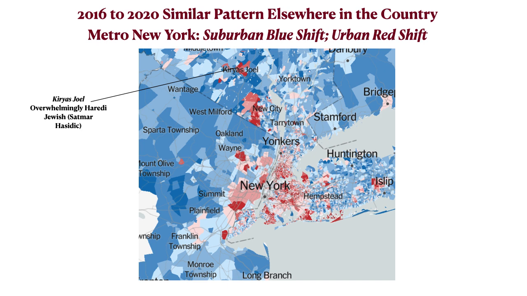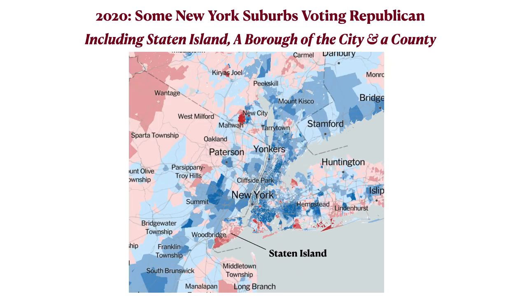But the important point of this map is, in general, the suburban areas have shifted blue from 2016 to 2020, away from the populist right-wing party of Donald Trump, the Republican Party. But if you go into New York City, it's more of a red shift, and I'll show some more focused examples. It is important to note this is not the shift map. This is the actual voting map from 2020, and unlike the Bay Area, there are some suburban areas that are still quite red.